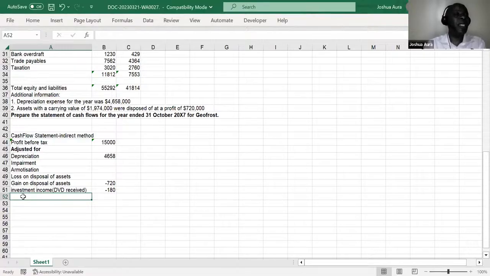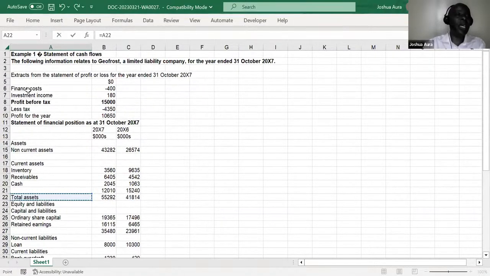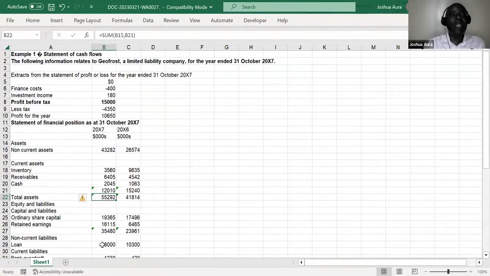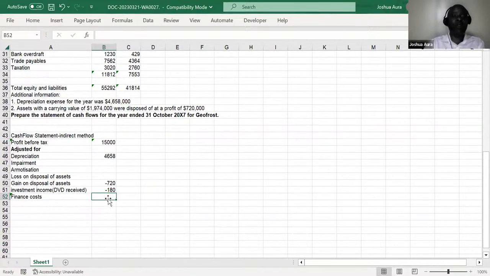It is the finance cost or interest. So I have my finance cost. I can pull it this way. The figure happens to be negative 400. They subtracted it, but because I'm canceling now, I need to go down there and talk of positive 400.